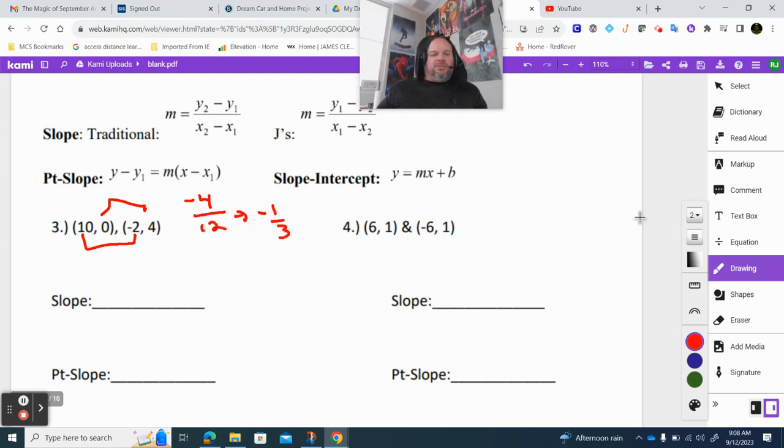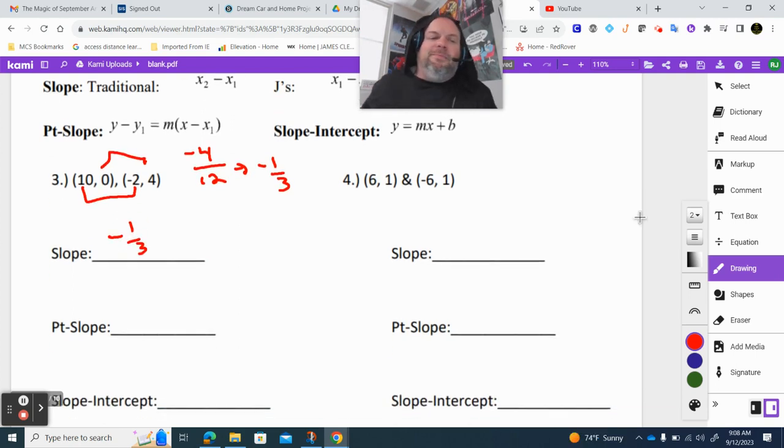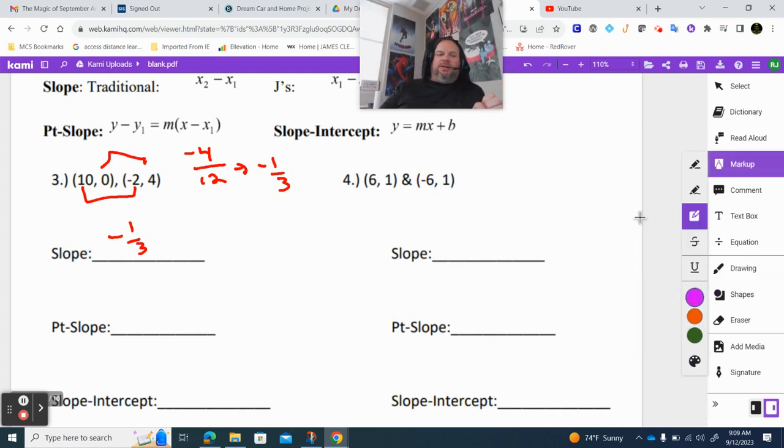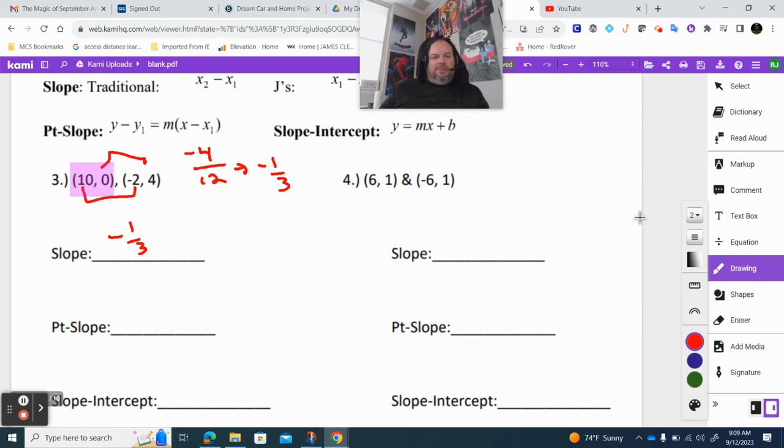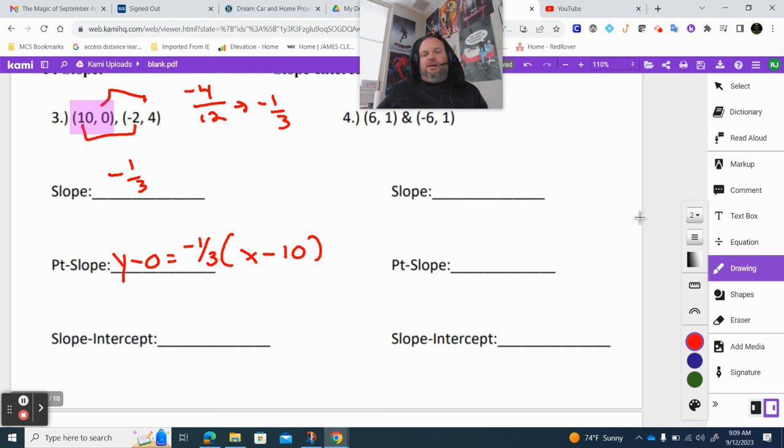All right, for our slope, we get negative 1/3 this time. Now, I'm only going to do the point slope with one of these because yesterday, remember I said choose the easiest one, correct? This is the easiest point. It's got a 0 in it, okay? All right, so this goes away.